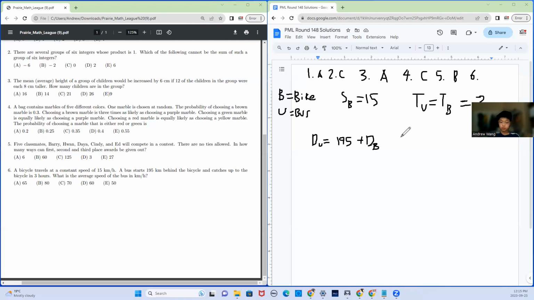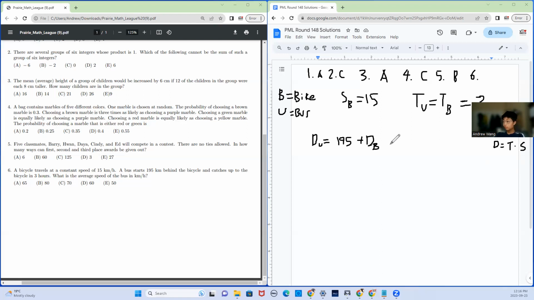So that's our equation. We also know that speed equals distance over time, and distance equals speed times time. These are going to be very important.